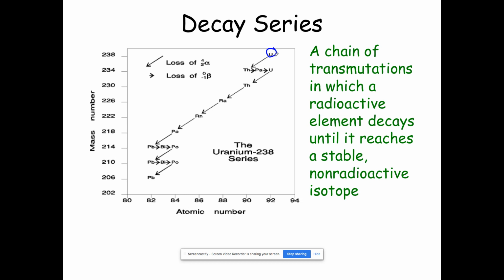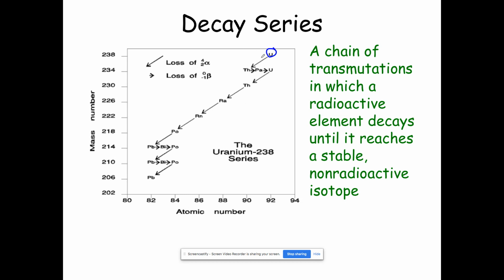Every time you see an arrow that goes to the lower left, that means we're going down. Look, the mass is going down by 4. And as you see, we're moving to the left this way. That means we're losing 2 protons. So every time you see an arrow that goes like that, we go from uranium-238 to thorium-234.